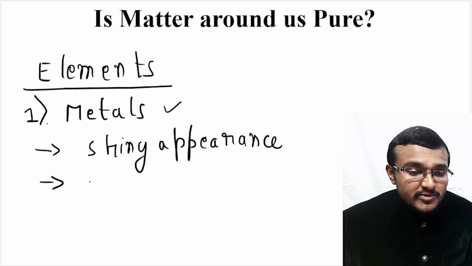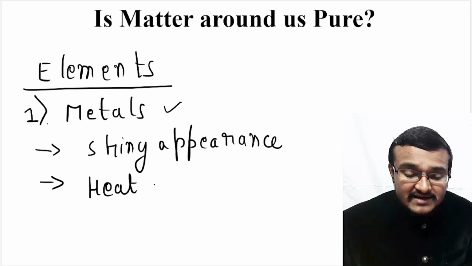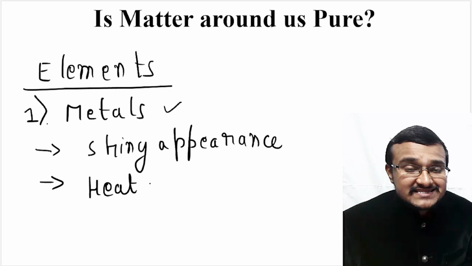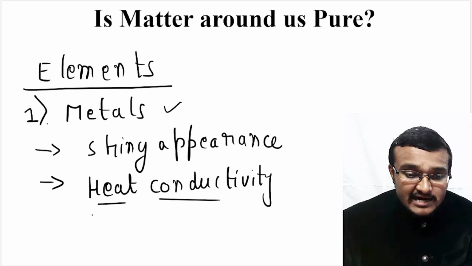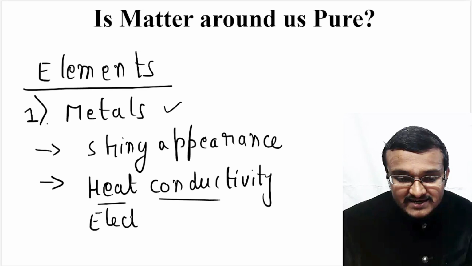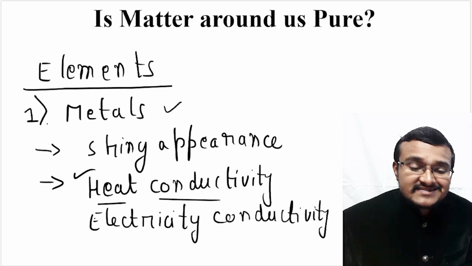And one important property of metal is that they can easily conduct heat and also they can easily conduct electricity. So heat conductivity will be there for these metals, and also electricity conductivity will also be there for this particular metals. So that means these metals can easily conduct electricity and also heat.